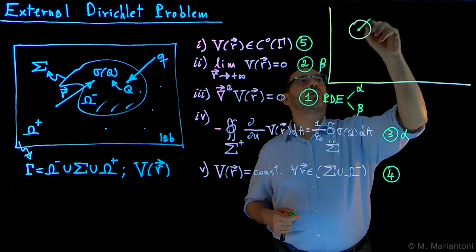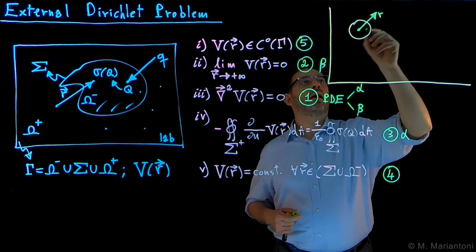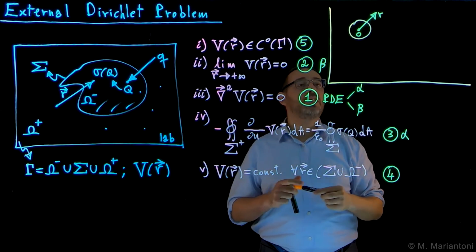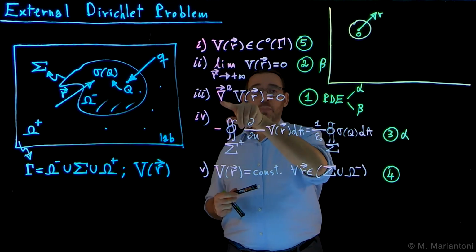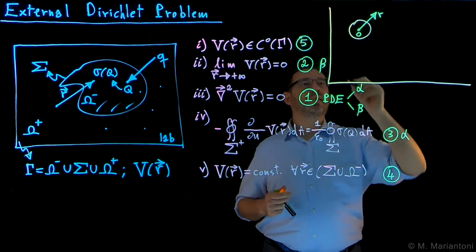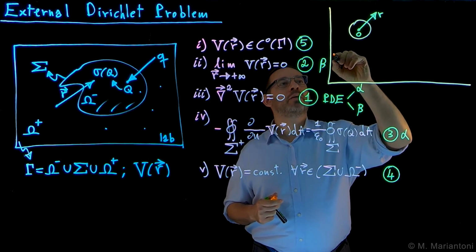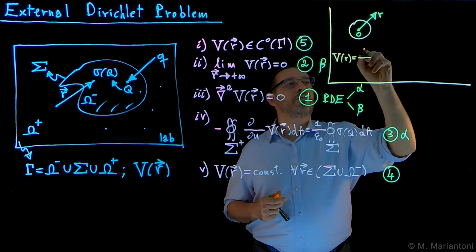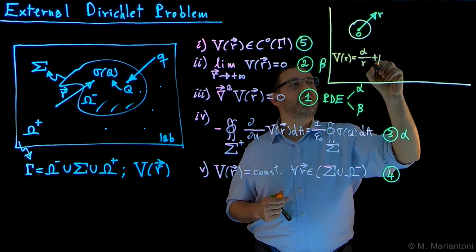So in this case, if this is a spherical coordinate system, I only sketch R. The solution for this specific case of the Laplace equation, when there is a spherical symmetry, is very simple. It tells us that V of R is equal to alpha divided by R plus beta. I will give an example soon.